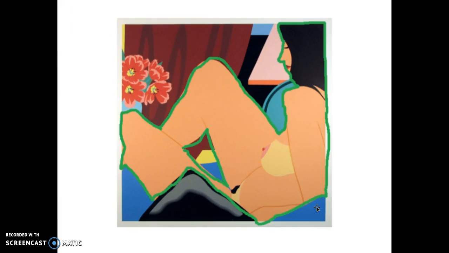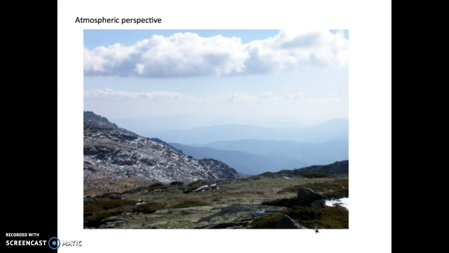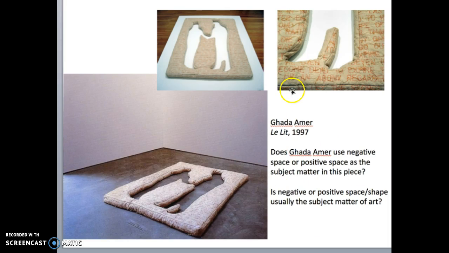In Wesselmann's work here, we've got the female figure, this positive shape that is the subject of the work. But Gada Amer has unusually created this subject, these two human figures, out of negative space.